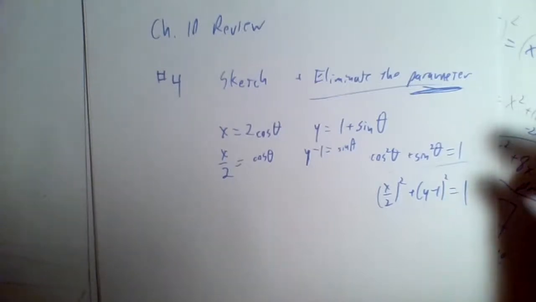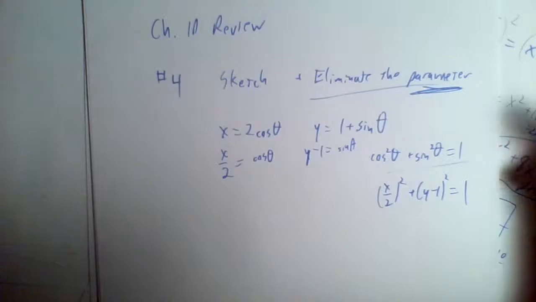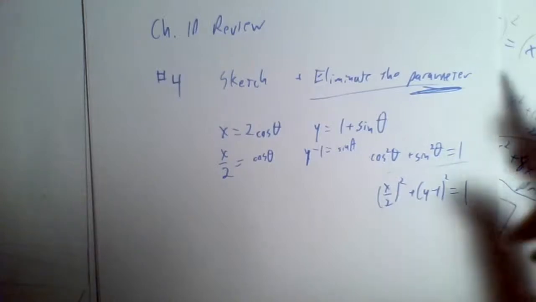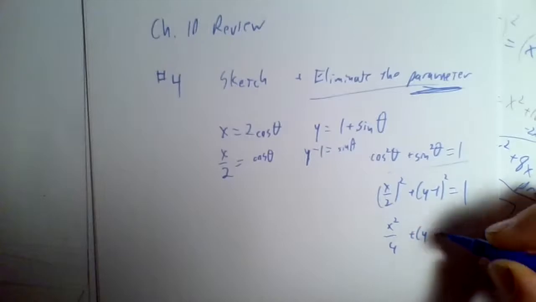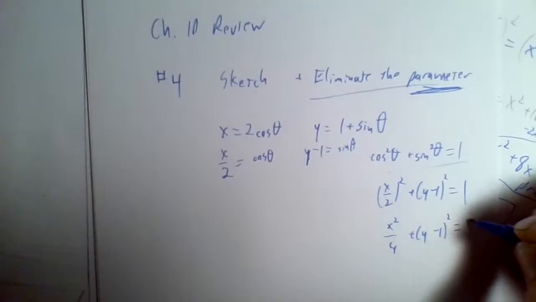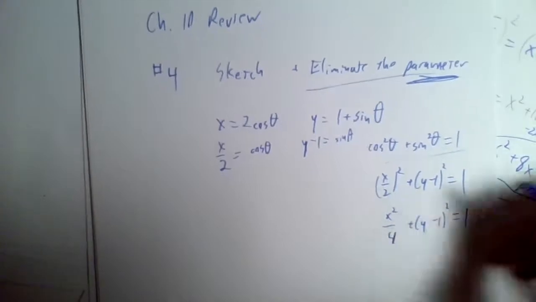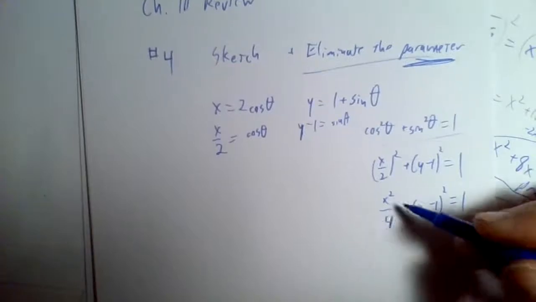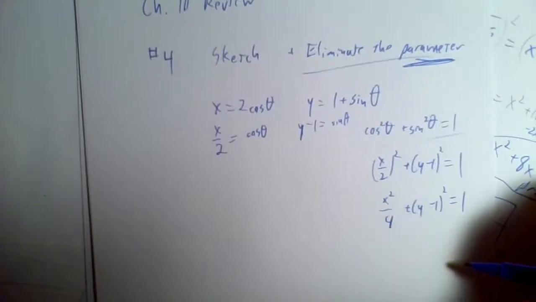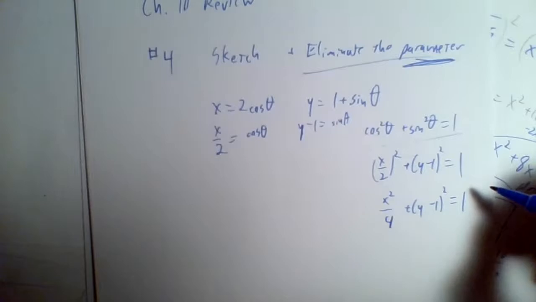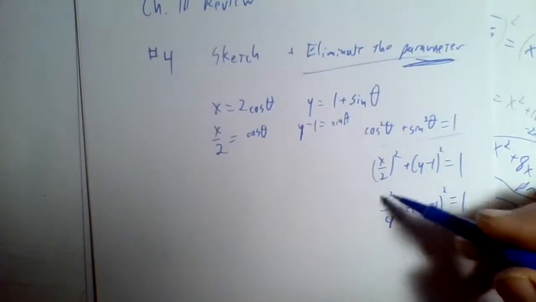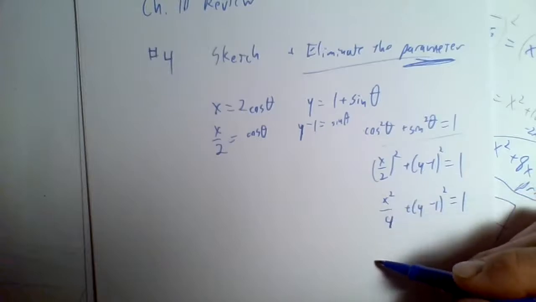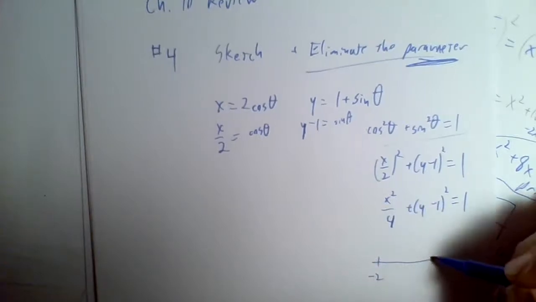That's looking a little bit more like a circle now. Not quite a circle because of this division by 2. That's actually an ellipse right there because it sort of stretched the x dimension. So this is going to go from plus or minus 2 on the x-axis.